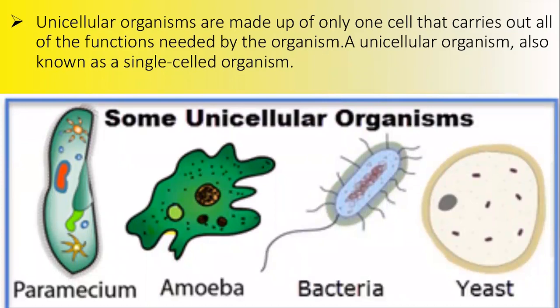So you can see these are examples of unicellular organisms. Unicellular organisms have only one cell, and multicellular organisms have many cells.